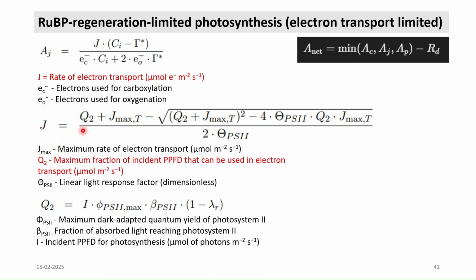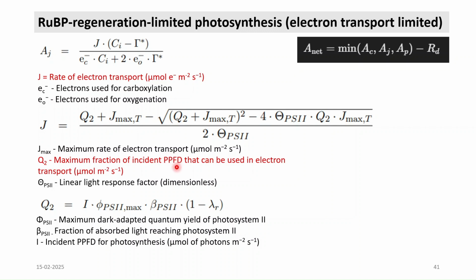Q2 is the maximum fraction of incident PPFD that can be used in electron transport. I had told you that the light energy absorbed, or used, is represented in the form of photons, that is micromoles of photons per meter square per second.